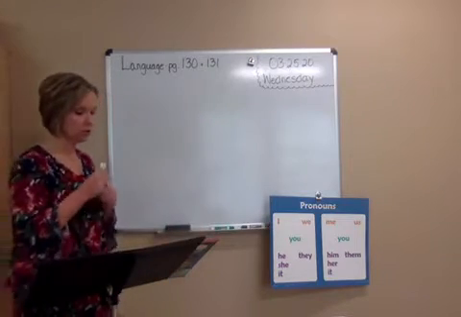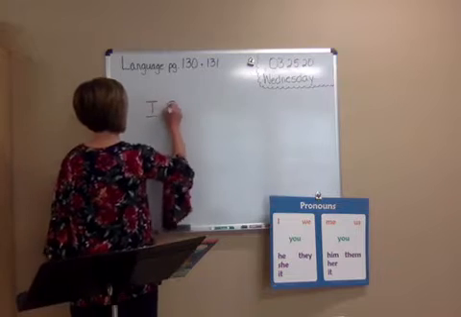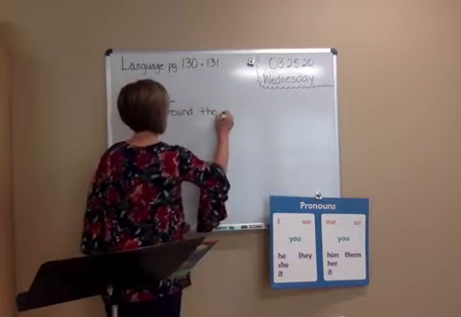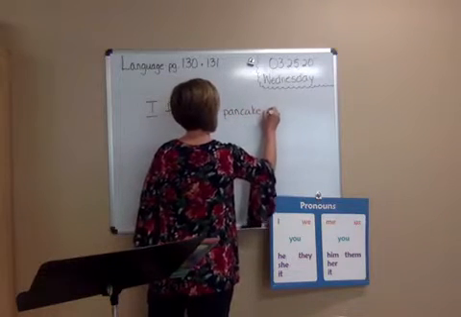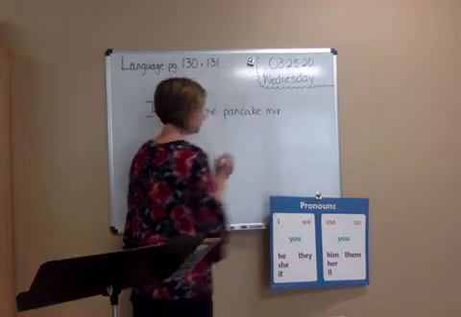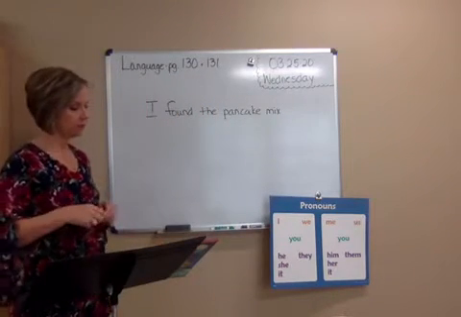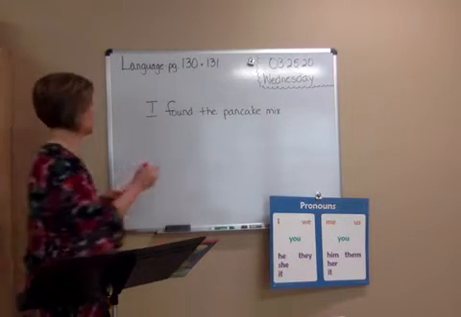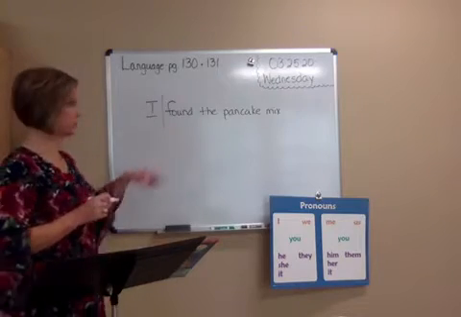Okay, let's look at number 2. I found the pancake mix. Job number 1, we're going to draw a line between the subject and predicate part. Okay? Where does that go? Yes, between I and found. Very simple subject here.